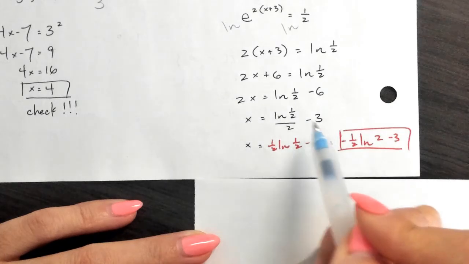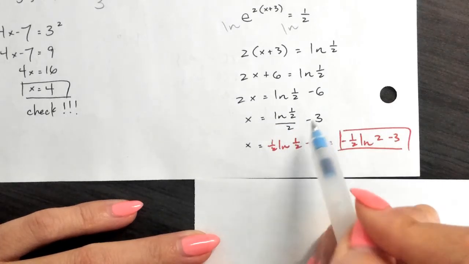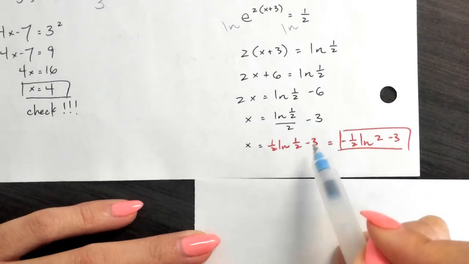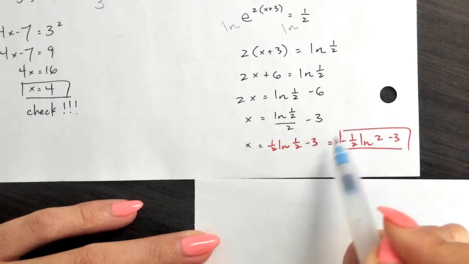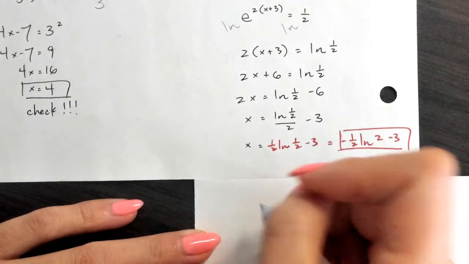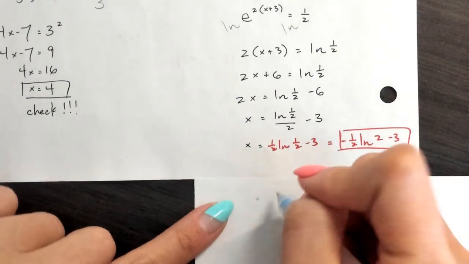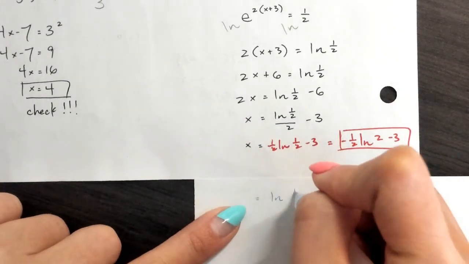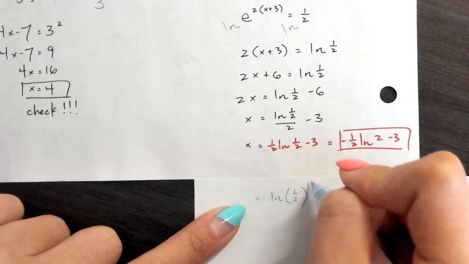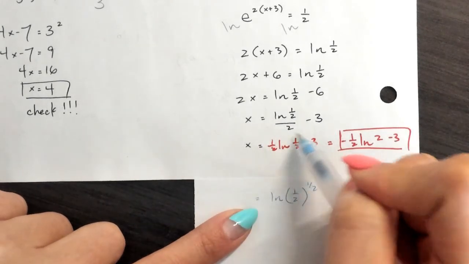This one kind of sucks because it's a fraction and a fraction. I would never leave it like that. This is acceptable. This is acceptable. I'm going to show you something else. Technically, this can also be written as ln of 1/2 to the power of 1/2, because the 1/2 can go up there, right?